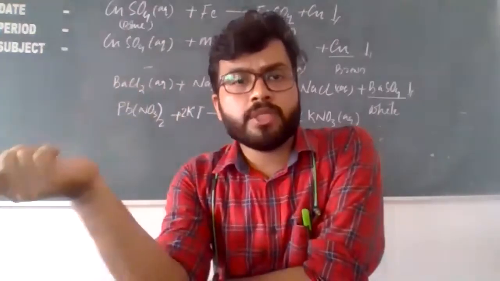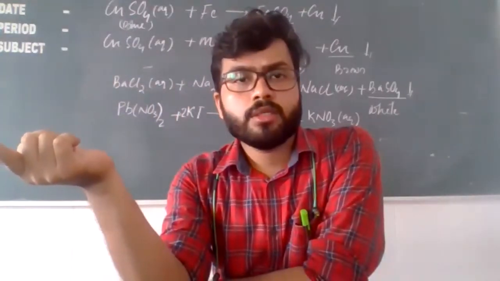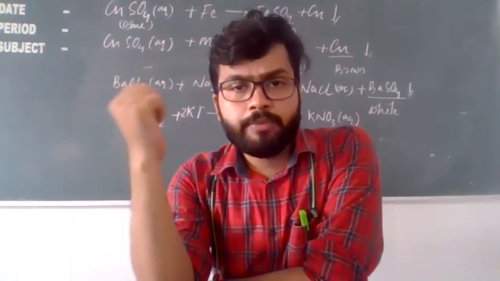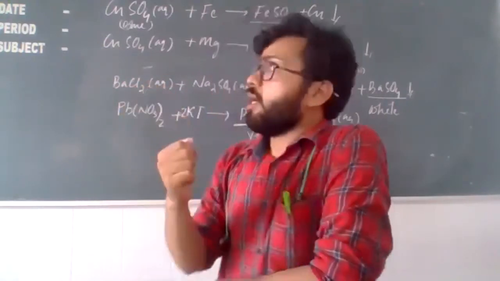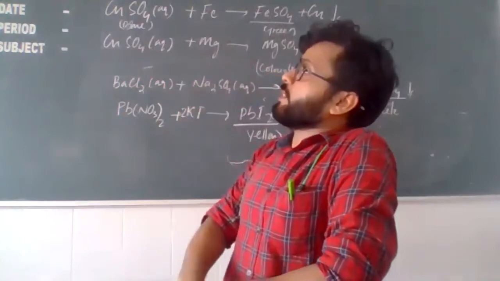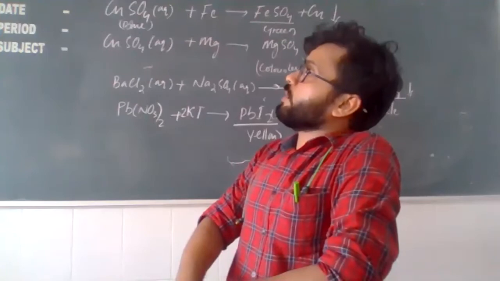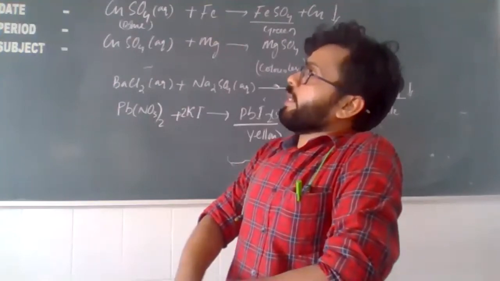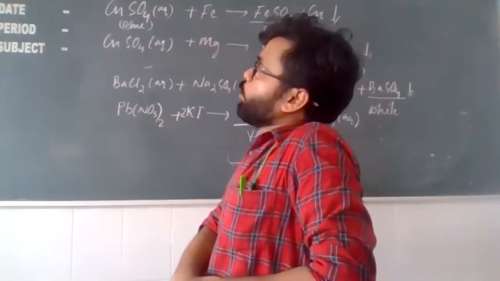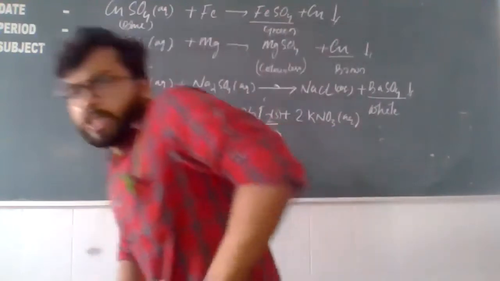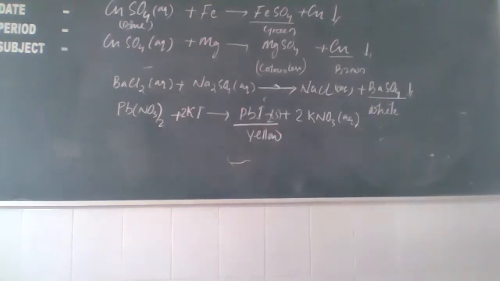Then we'll go for the reactions related to acid and base: finding out the pH, and the second experiment, studying the properties of acids and bases, HCl and NaOH. Experiments number 2A and 2B we will discuss. I'll show you the list of experiments of class 10th also.